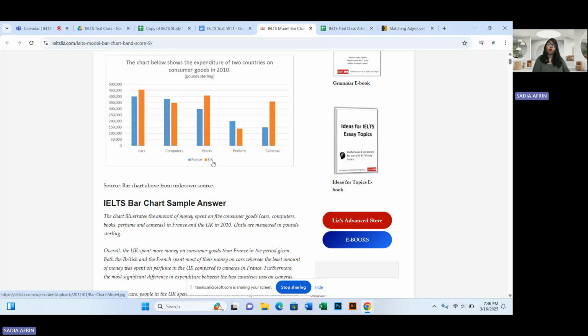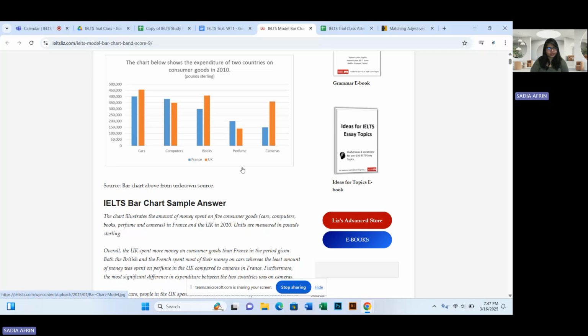If we were to score this consumption, then I would give 3 out of 5 to the UK and 2 out of 5 to France, because we can see that on 3 items, cars, books, and cameras, UK spent more than France, whereas France spent less than the UK on those 3 items.